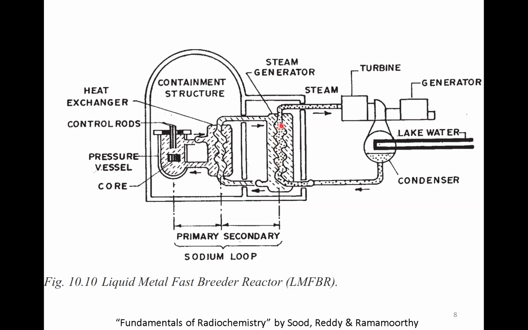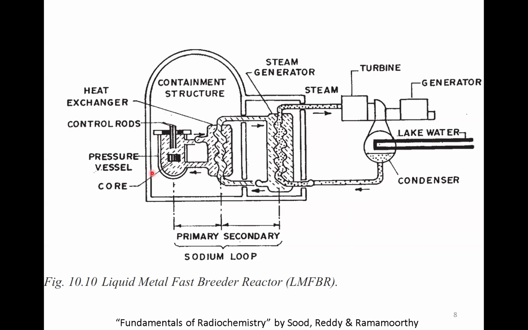Eventually that heat from the liquid metal is transferred to heat water to steam, and the steam is sent to a turbine which generates electrical energy. Some part of the heat has to be dissipated because of Carnot limitations, so it is dissipated into, say, an ocean or water body. This is a heat sink.